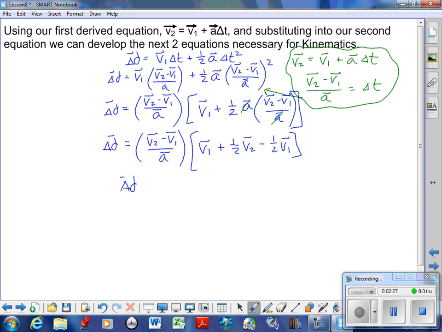So that will simplify down for me. V2 minus V1 over A, and inside, that's going to simplify down to, similar to what it did before, 1/2 V1 plus 1/2 V2.